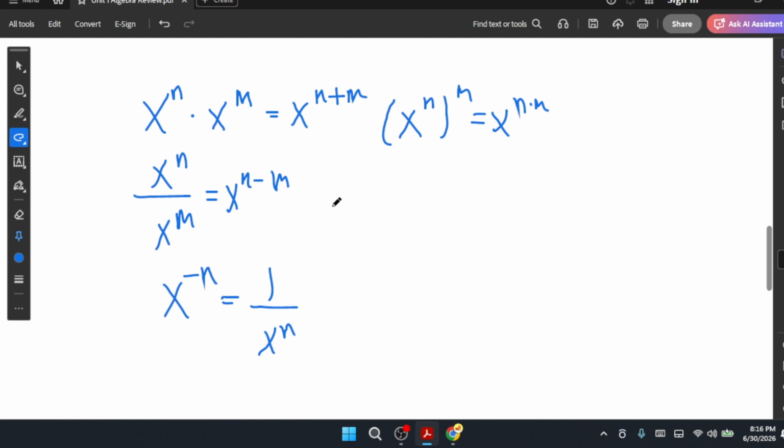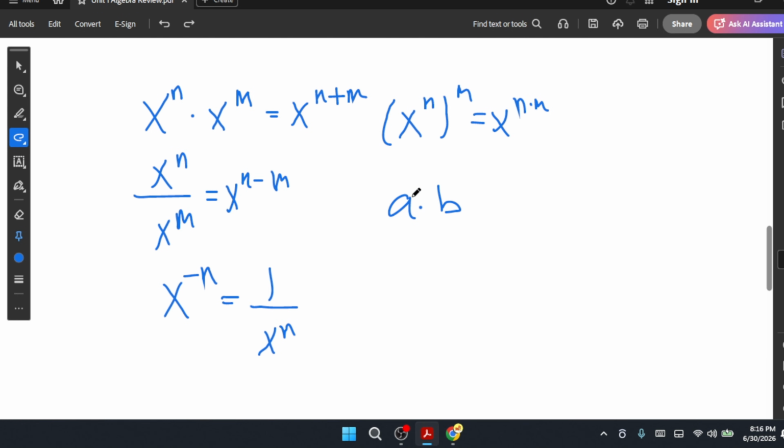Okay, and if they are different bases, like a to the power of m times b to the power of n, well, you can't necessarily do anything with it.